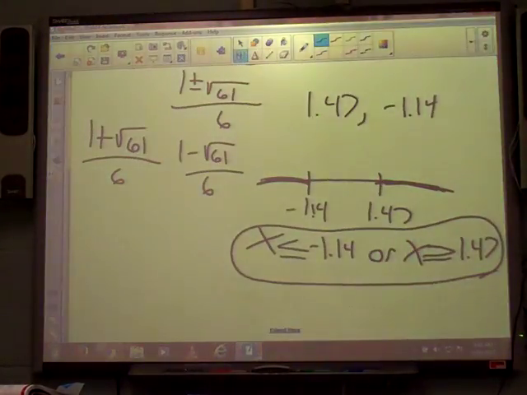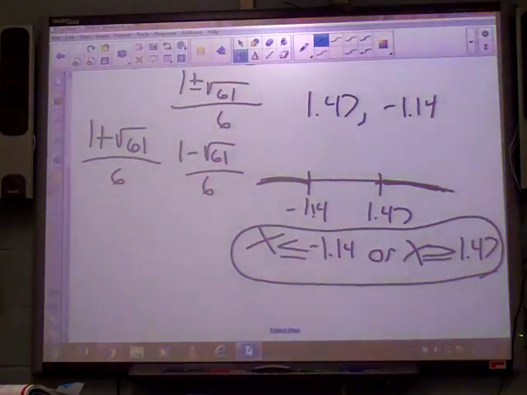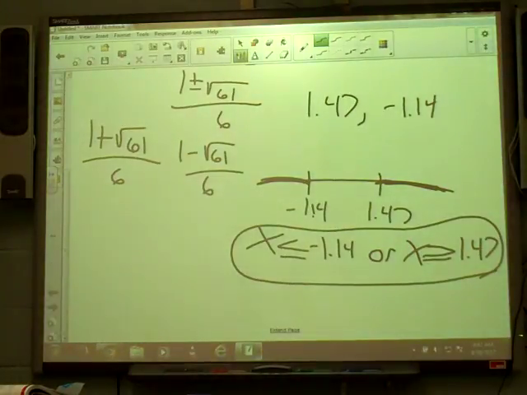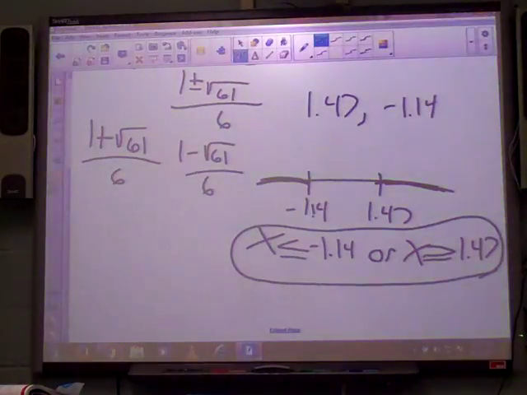All right, listen real quick, and then I'll give you a couple of minutes to digest. The main importance of this unit that we've been doing is solving quadratics. These last couple of things that we looked at yesterday and today are important, but not as important as solving quadratics. That's what we have to make sure we're able to do.